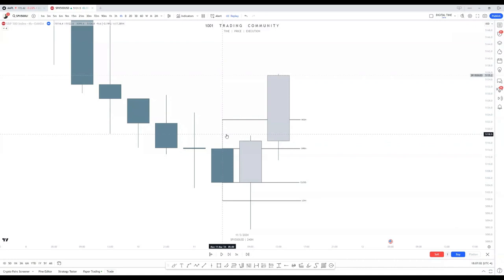There's only so many. Think about it like this. ICT talks about daily profiles, daily profile templates. There's only so many ways a candle can form. And right here, this is one where it manipulated towards buy side and continued further down.